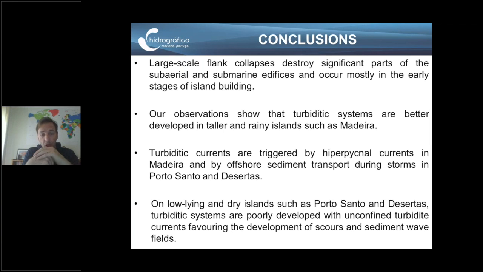We also have mapped a turbidity system that is really well developed in the taller and rainy islands, such as Madeira. In the case of Madeira, this turbidity system is probably triggered by hyperpycnal currents. And in the case of the smaller islands of Porto Santo and Desertas, it is triggered by sediment transport during storms.